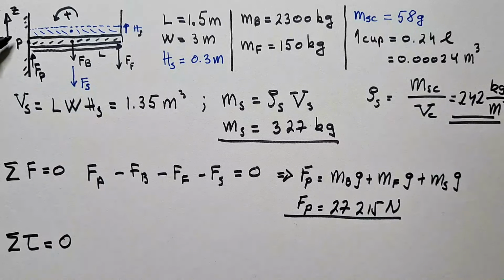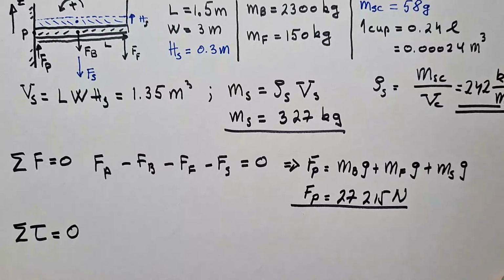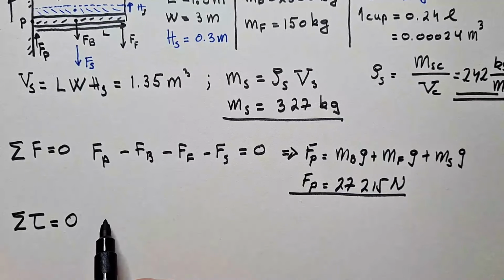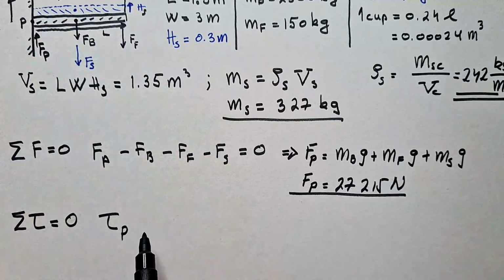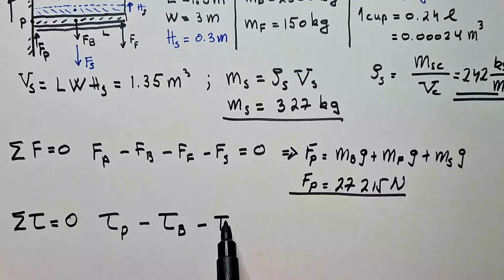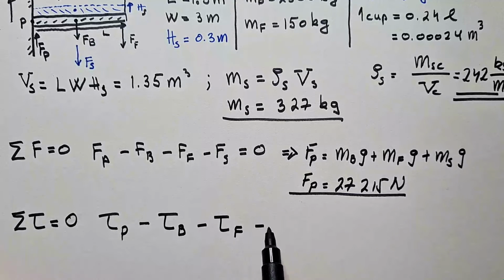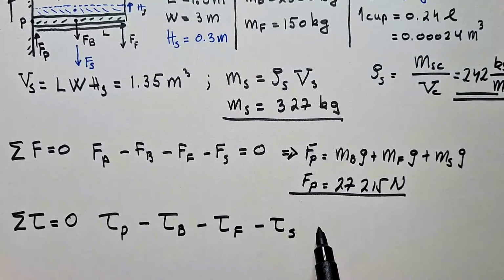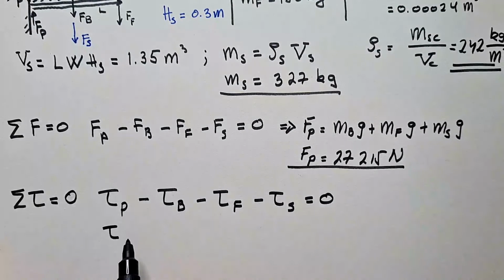So there has to be positive torque around the pivot point P to balance these three negative torques, which means torque around pivot point P in the positive direction minus torque due to the balcony itself, minus torque due to the fence, and minus torque due to the snow needs to be zero. Very well, that means that the torque at the pivot point P is equal to these three.